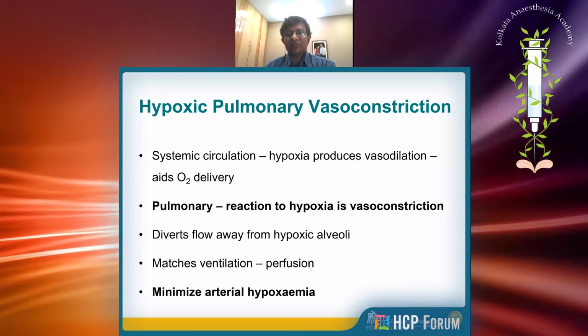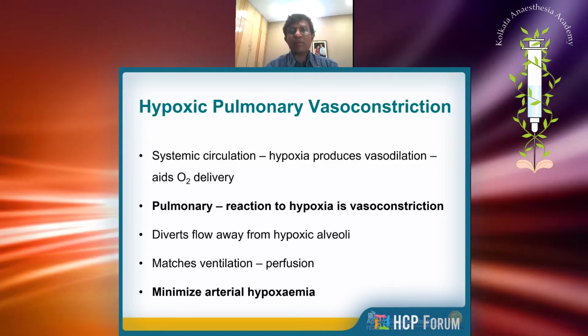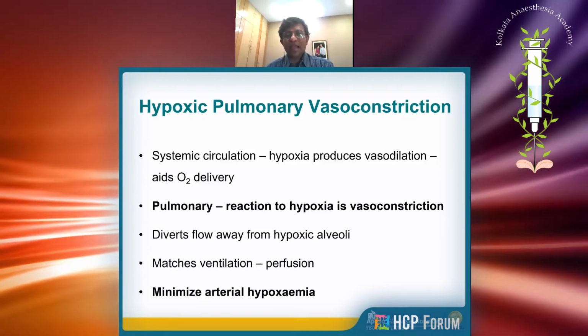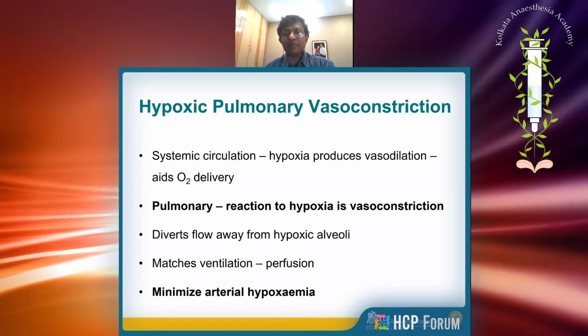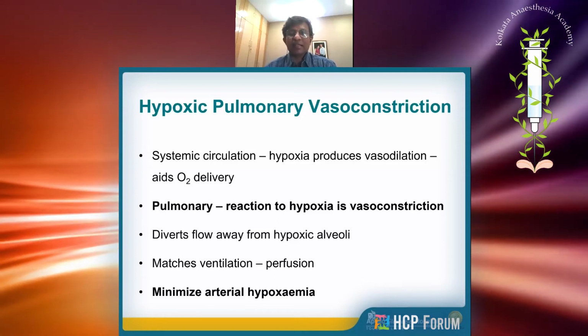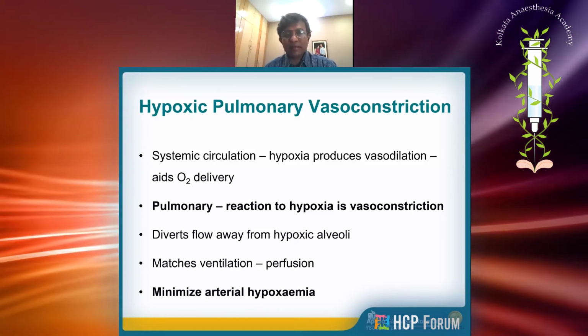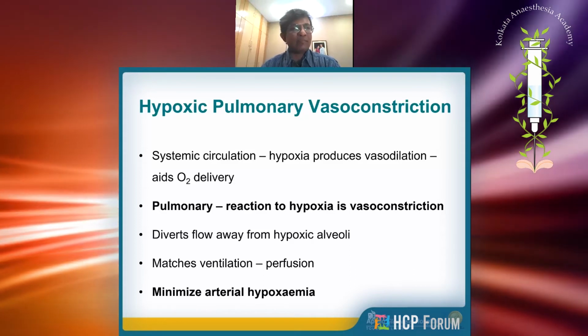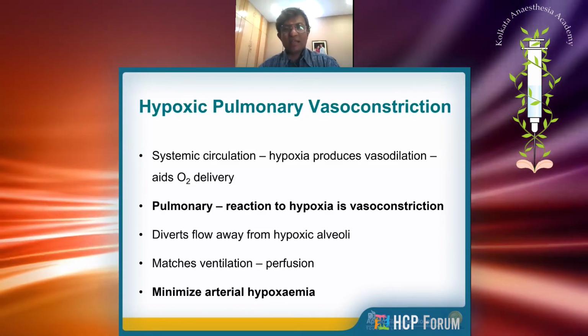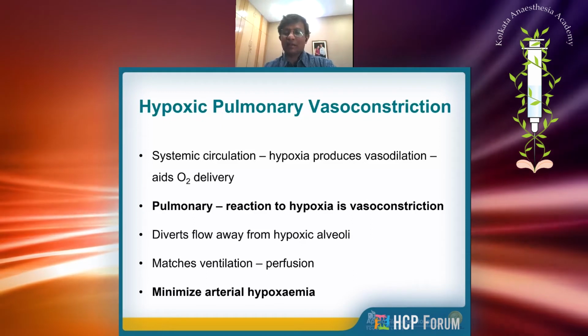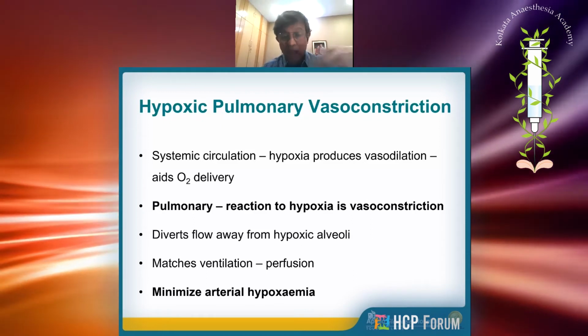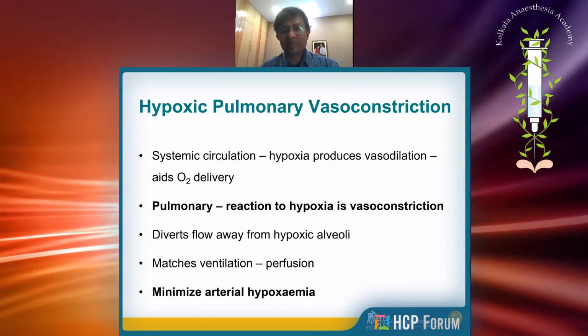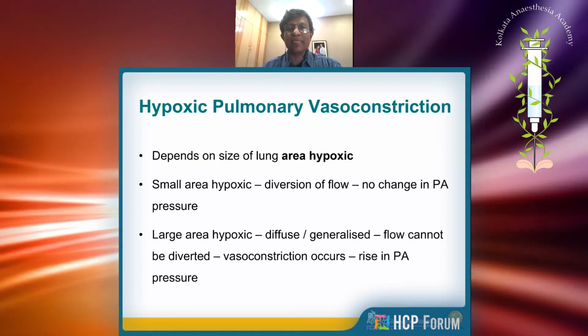This diverts flow away from the hypoxic alveoli, and it matches the ventilation perfusion. So this ultimately will possibly minimize arterial hypoxemia. So this is why there is HPV in the pulmonary circuit.